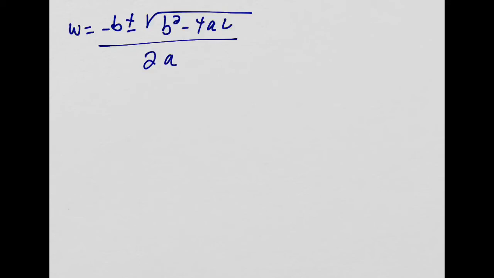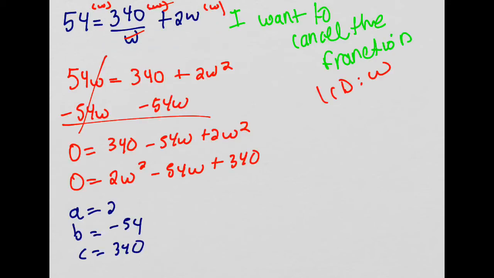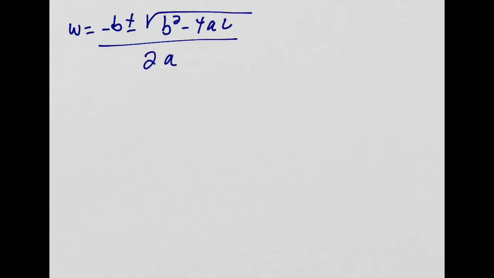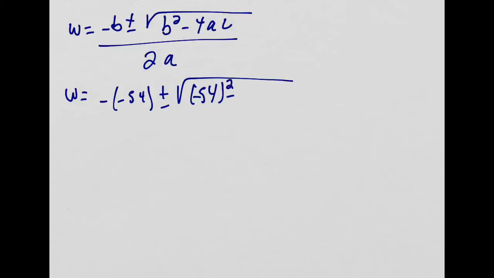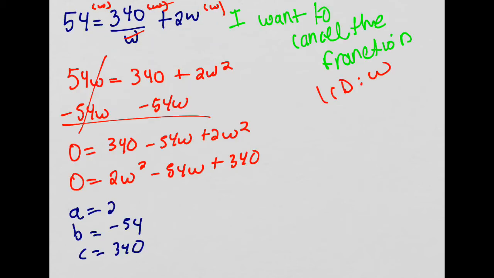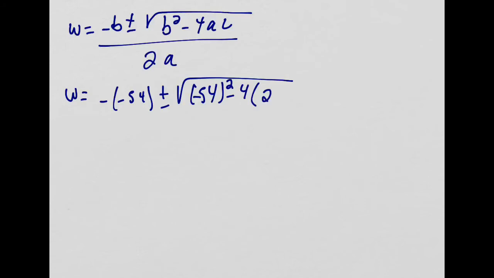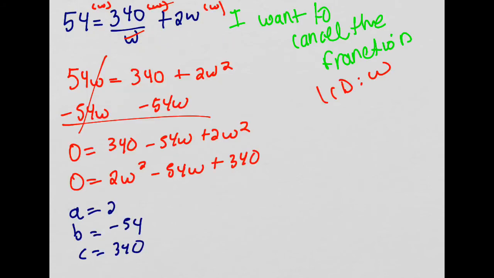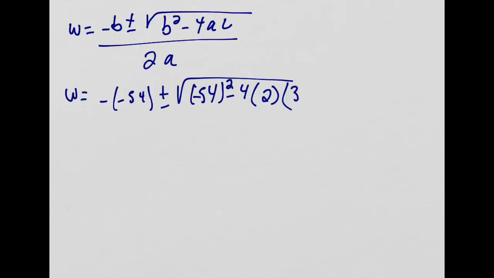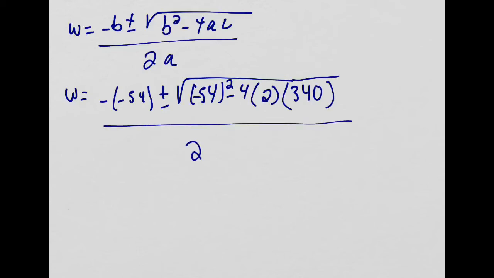I'm using W because that's what I'm solving for. So I'm substituting. B is negative 54. W equals negative negative 54 plus or minus the square root of negative 54 squared minus 4 times 2 times 340, divided by 2 times 2.